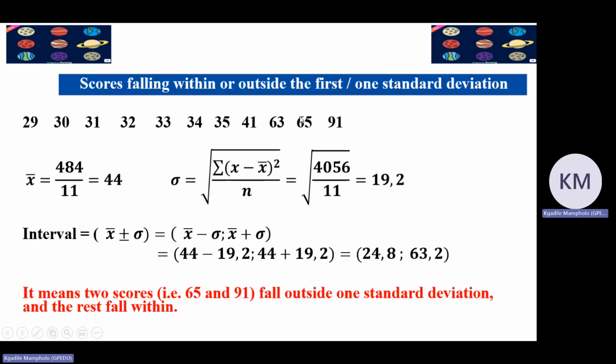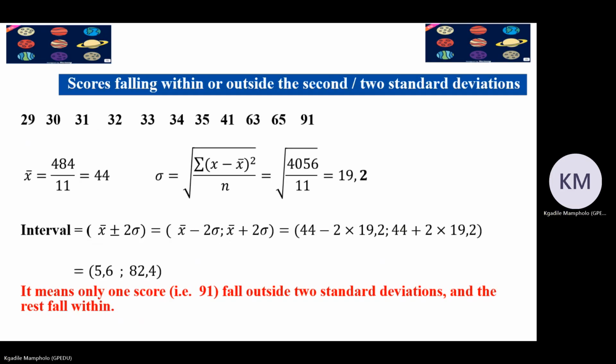You say, oh, those who perform above one standard deviation, there are 2. Then you say 2 divided by 11, which is the total number, times 100. Then that will be the percentage of the learners who are said to be high flyers, according to the statement that would have been given about the data set.